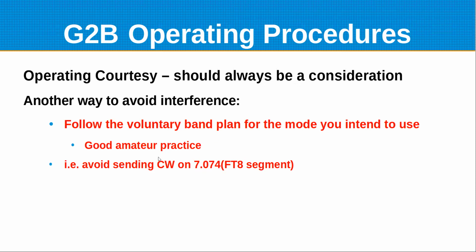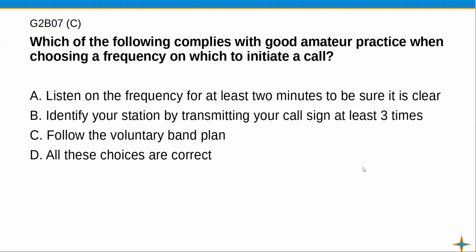But that was just an example that you don't want to do CW in the FT8 segment, because the band plan says you're not supposed to. But it's not a law, it's a voluntary band plan. FT8 does not like square wave signals. No, it's a frequency modulation.